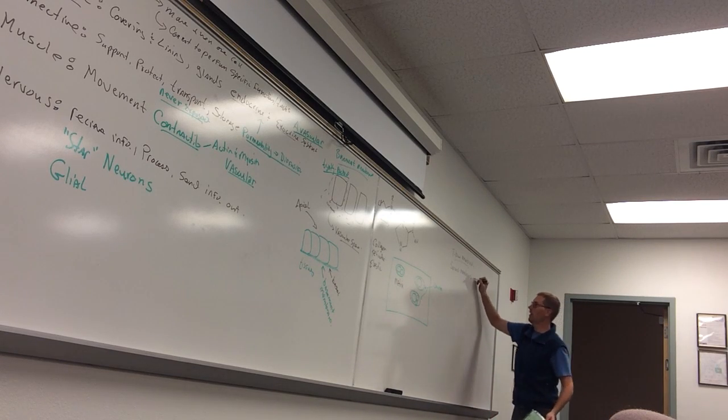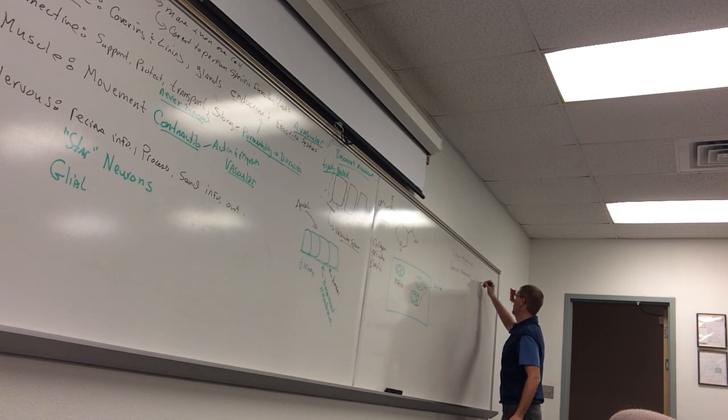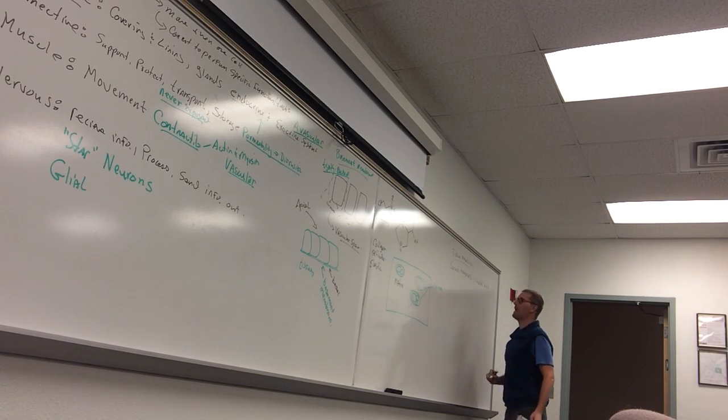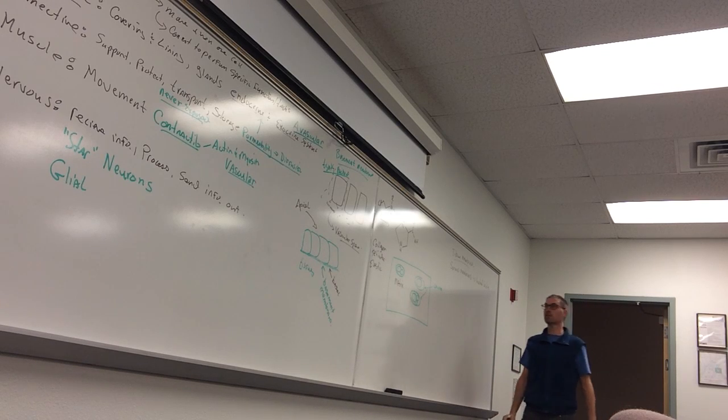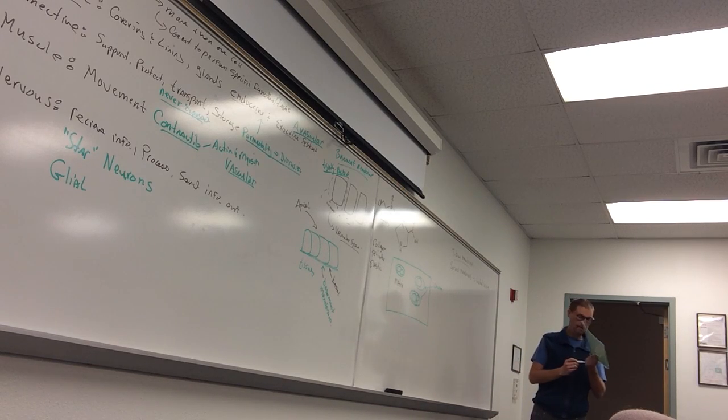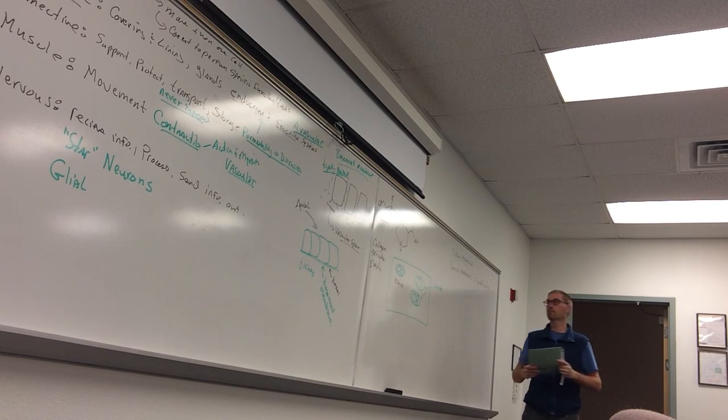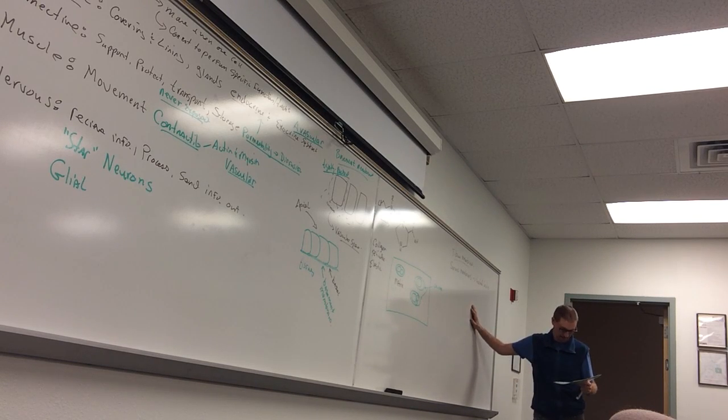So they line the ventral cavities. They produce a lubricating fluid known as serous fluid, and that helps these membranes slide around, reduces friction, also protect.